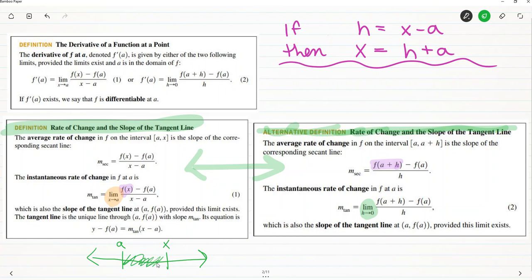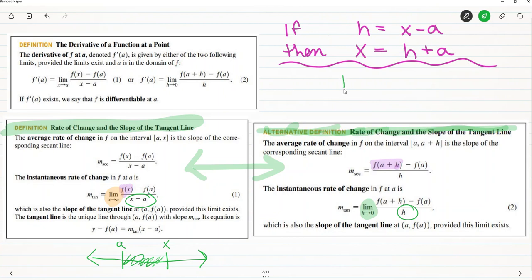But if we define this difference between x and a, so how far apart a and x are, as h, if we let h equal x minus a, then it would follow that x is equal to h plus a.